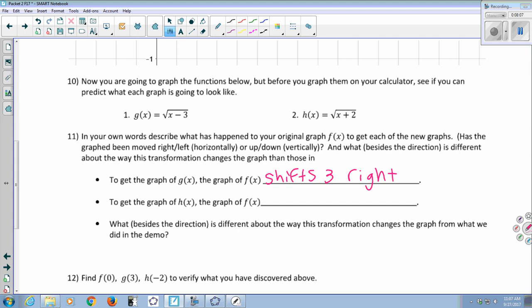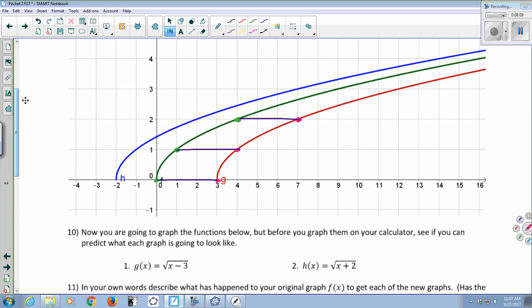For h, we'll plot some corresponding points on f and h. So f starts here at (0, 0). h starts here at (-2, 0). That is a distance of 2 units. Here's another point on f, (1, 1). The corresponding point on h is right here, a distance of 2 units.